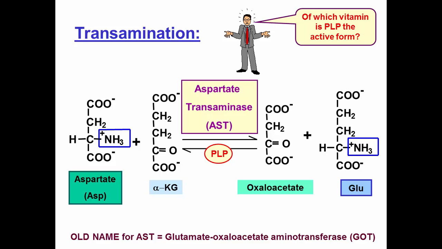You can use the amino group from an essential amino acid to make a non-essential amino acid, or we can use one non-essential to make another non-essential amino acid. So it's a way of equilibrating amino acids to have available the ones that we need.